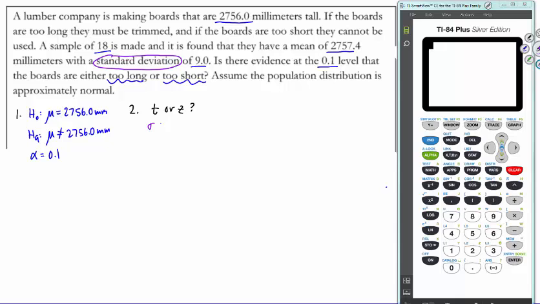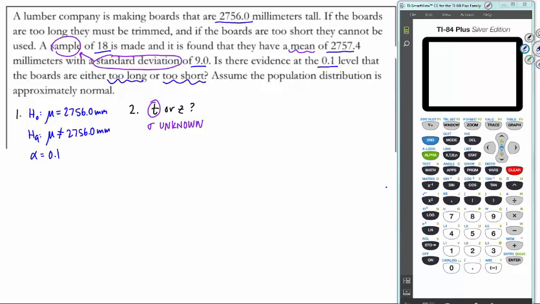Is it for a population or not? Reading the sentence, it says a sample of 18 is made with a mean of 2757.4. So that mean refers to the sample, and the standard deviation also refers to the sample of 18. So sigma here, the population standard deviation, is unknown. When that is the case, the T distribution is appropriate.